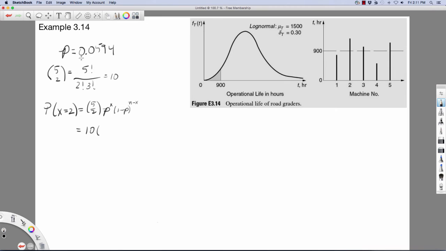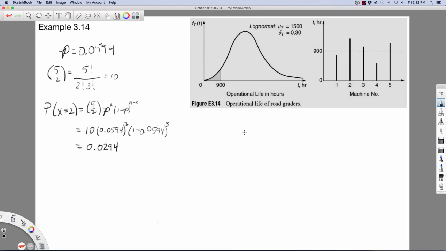The probability we got from the first part of the example is 0.0594, and this is going to be squared, times 1 minus 0.0594, raised to n minus x, which is 5 minus 2, so this is 3, so this is cubed. So we get the probability that exactly 2 road graders malfunction in 900 hours is equal to 0.0294.